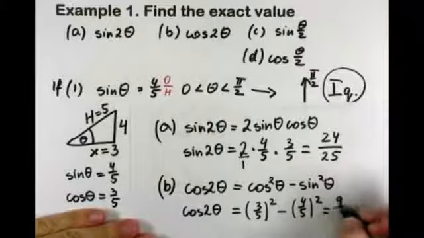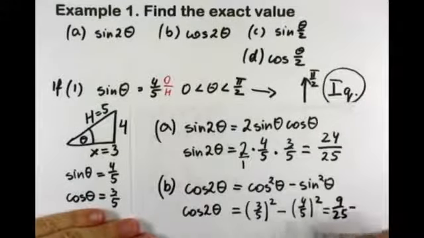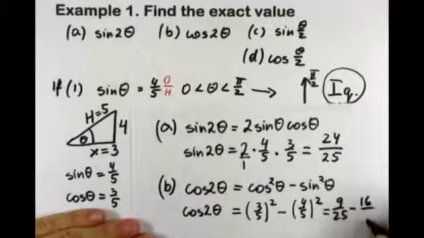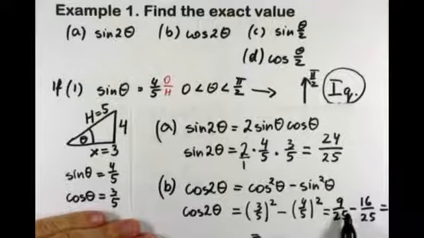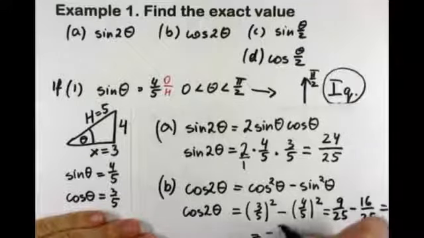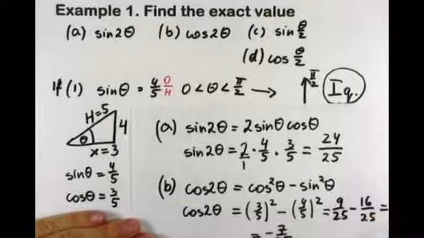So I'm getting 9 over 25 minus 16 over 25. So my value is minus 7 over 25.